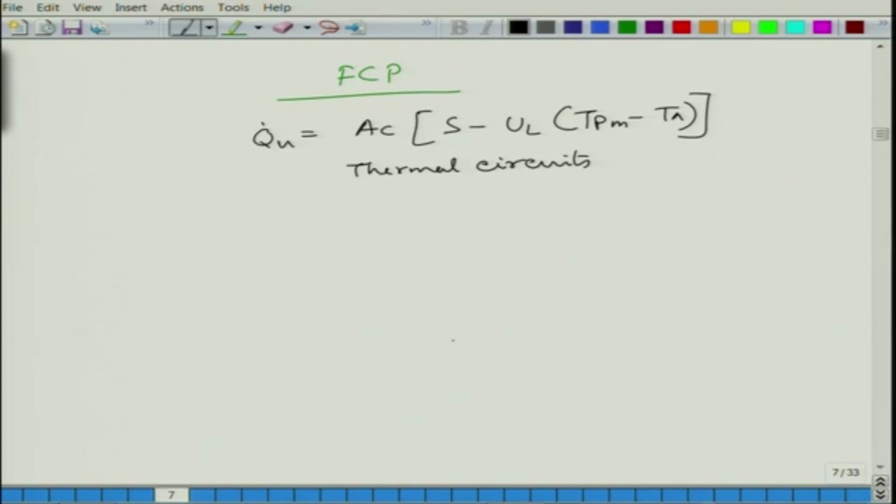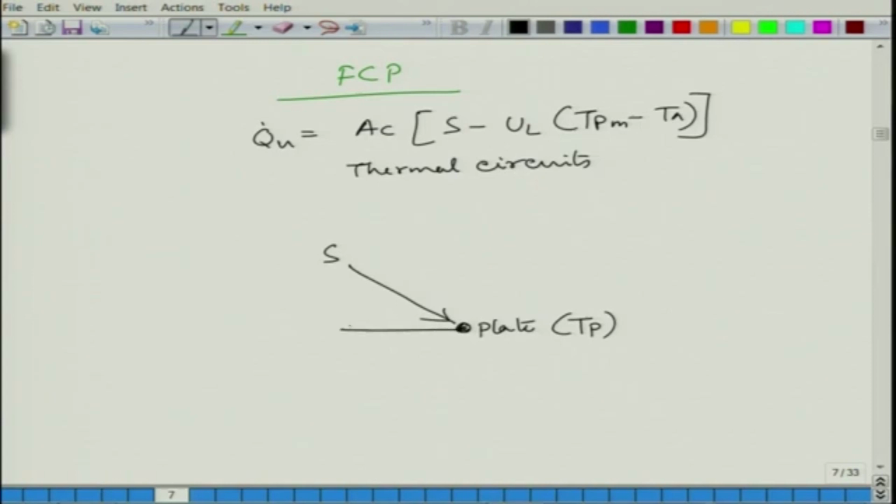Okay. So, if we have the plate as one node, with temperature Tp, one thing coming in is S, the absorbed radiation.